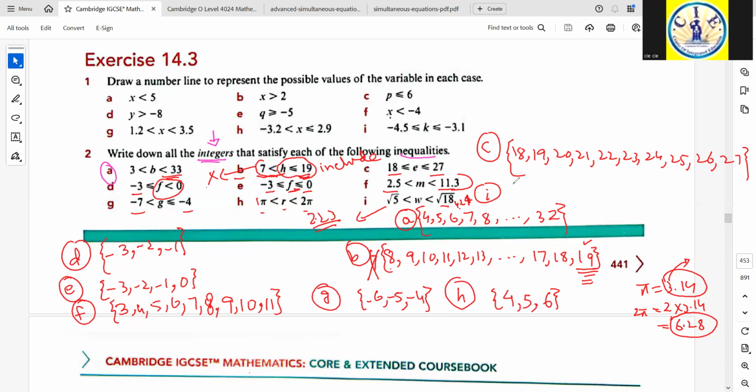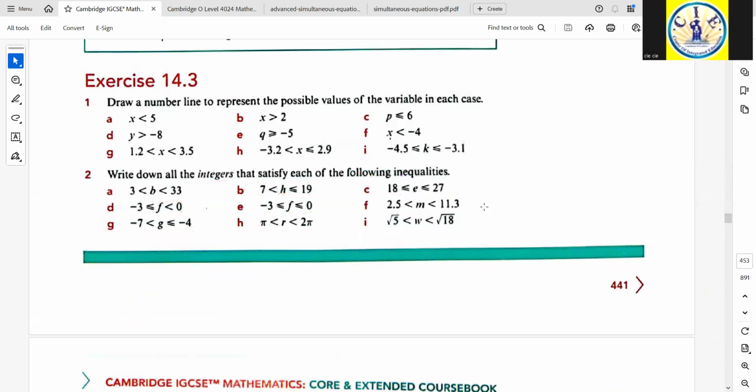So the next integer after 2.23 is 3, and then 4. That's it. And we do not need to go beyond 4.24. So we cannot write 5 here. So 3 and 4 are going to be the only integers included in this solution. So that completes question number 2 as well. So that completes exercise 14.3.